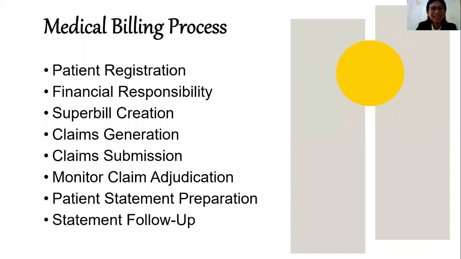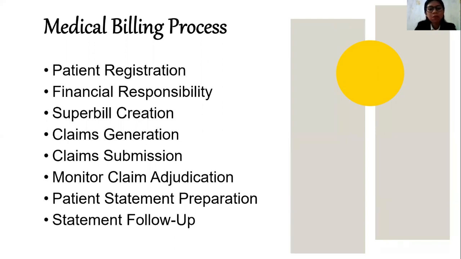Next is monitoring claim adjudication. Adjudication is the process by which payers evaluate medical claims and determine whether they are valid and compliant, and if so, the amount of reimbursement that the provider will receive. During this process, the claim may be accepted, rejected, or denied.